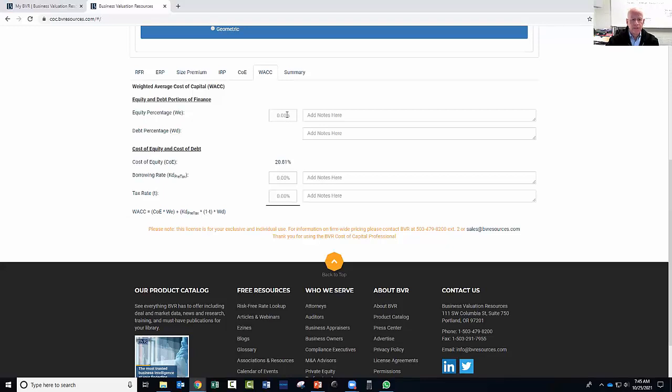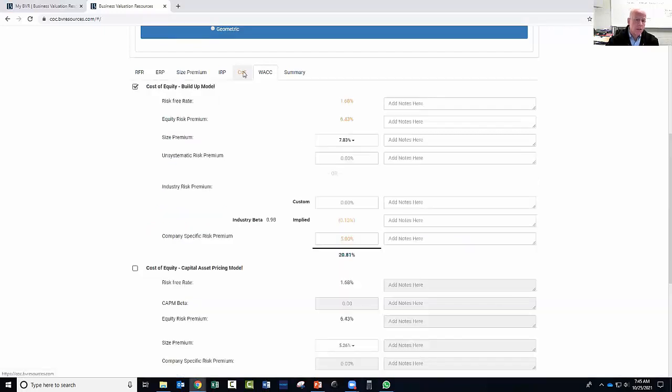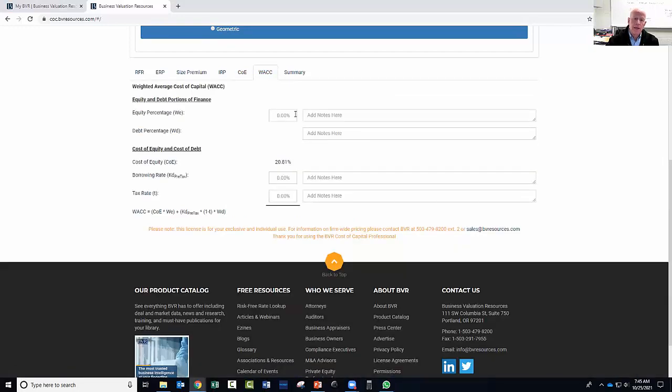So in doing this, I first have to think, how do I find the company's cost of equity using this structure? Well, we found the equity cost here, but now I want to apply it in the WACC equation. And to do that, I have to know what my weights are. And in this case, I'm going to first try to identify the equity percentage or the equity weight.